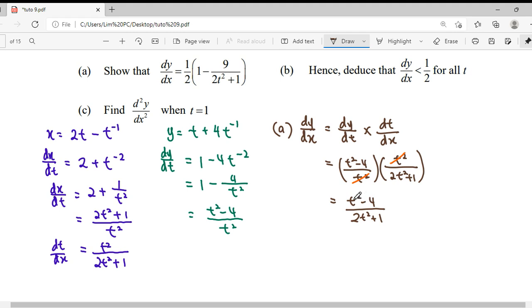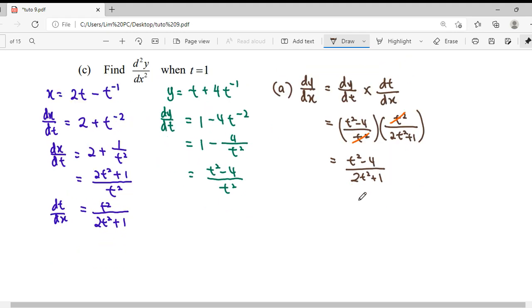For this same power of function, they are improper, means they can undergo long division. So we are going to do the long division to simplify this improper fraction where t squared minus 4 we're going to divide by 2t squared plus 1.